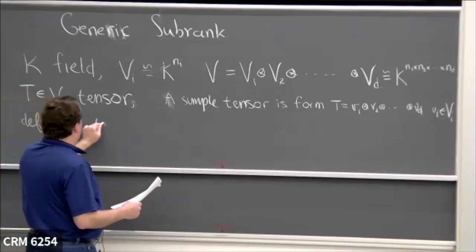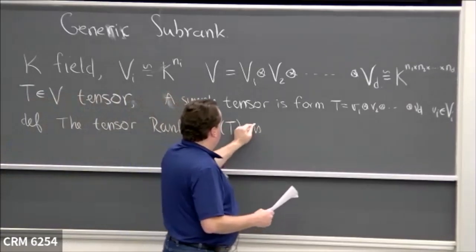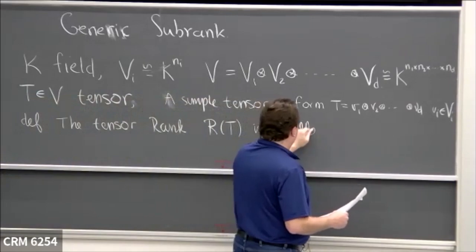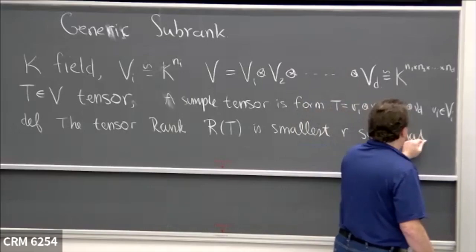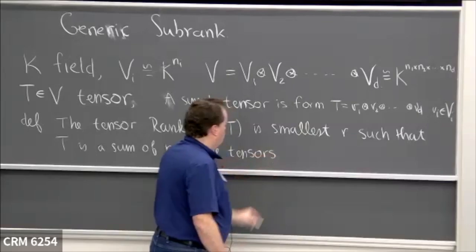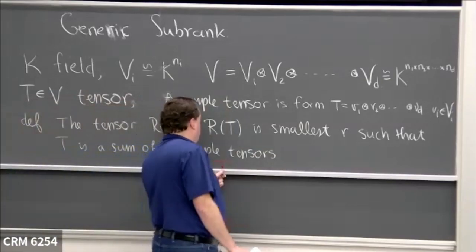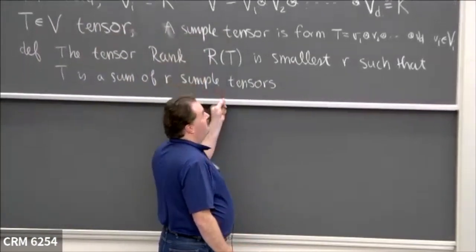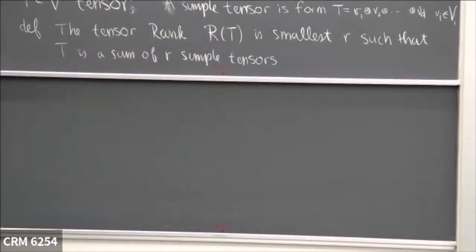The tensor rank, I'll use the notation R(T), is the smallest R such that T is a sum of R simple tensors. There are many applications of this notion, for example in the study of the complexity of matrix multiplication. I'm not going to say too much about that.